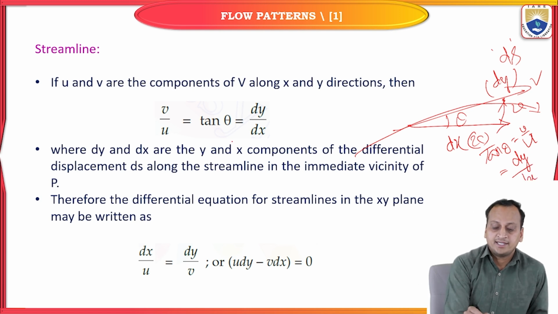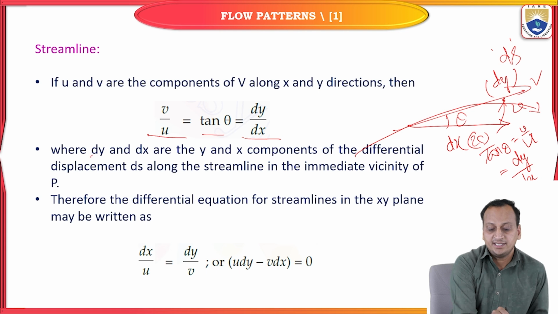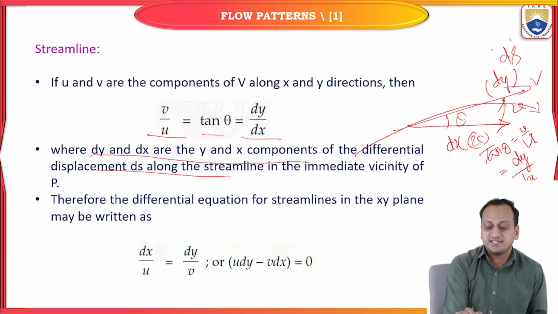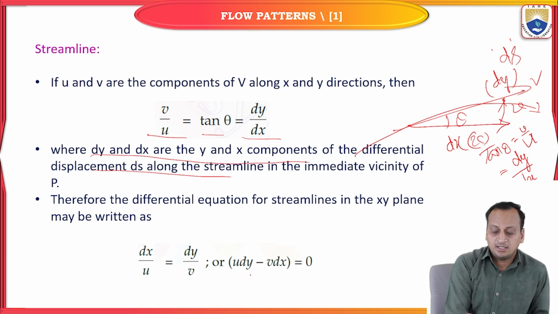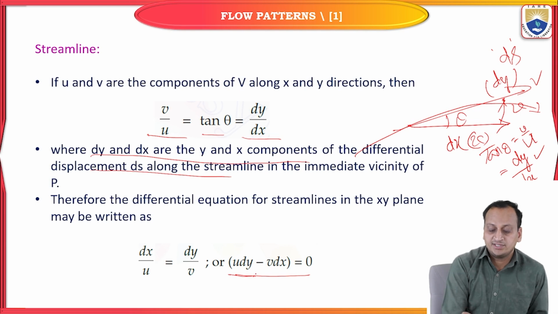Therefore, tan theta equals v by u equals dy by dx, where dy and dx are the components of the differential displacement of a streamline in the immediate vicinity of P. So the differential equation for streamlines in the xy plane can be written as dx by u equals dy by v, or u dy minus v dx equals 0.